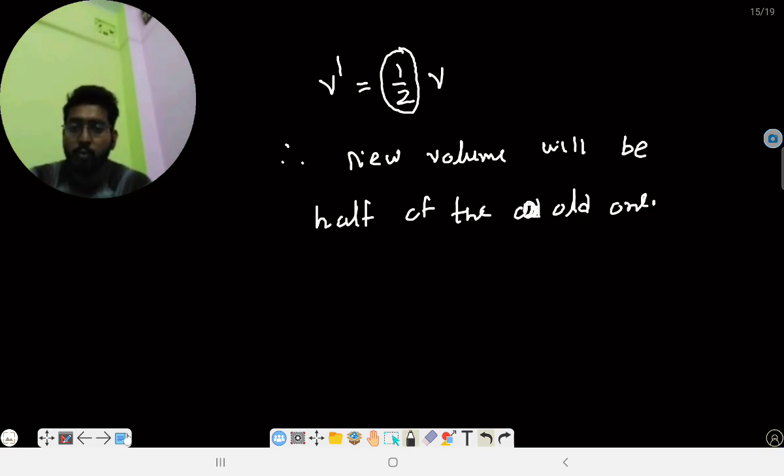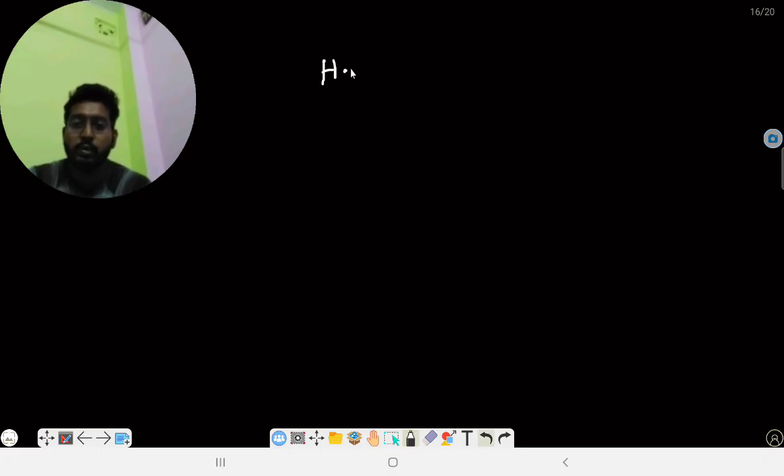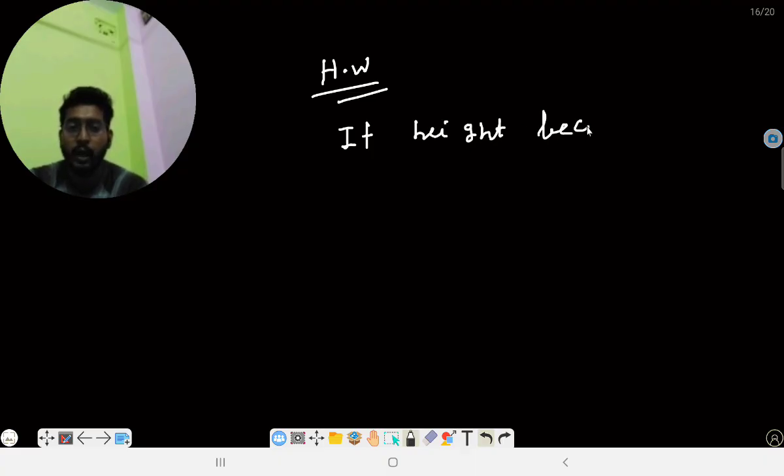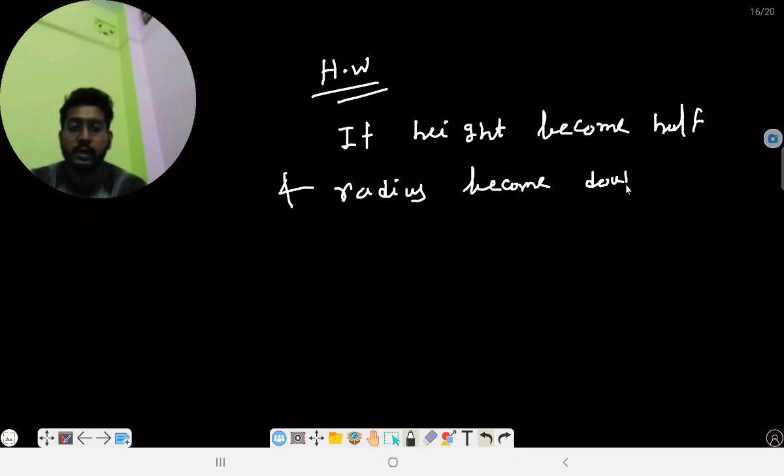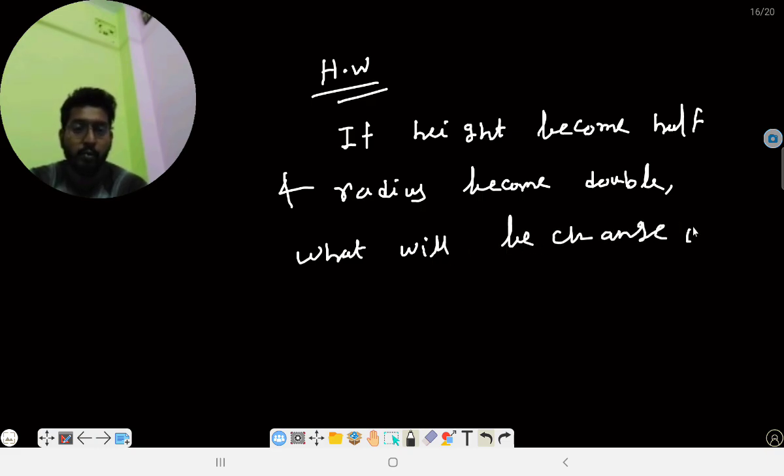Suppose I am giving a homework, you can try this one. If the height becomes half and the radius becomes double, the opposite one, then what will be the change in volume?